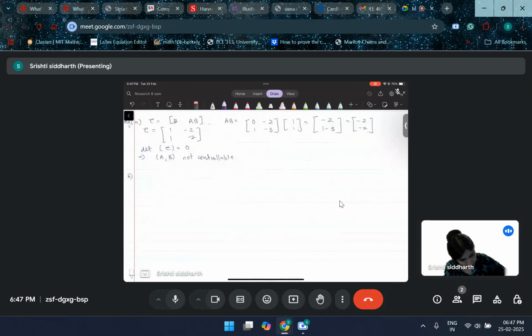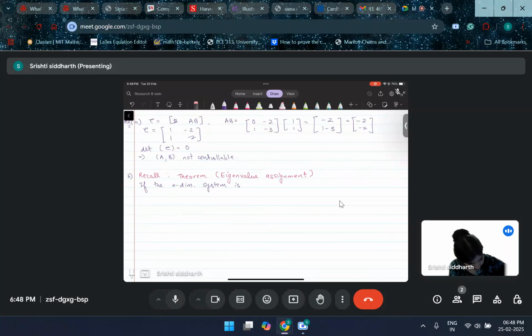So this is because of the theorem. Let's recall the assignment. It states that this is possible if and only if the n-dimensional system is controllable.